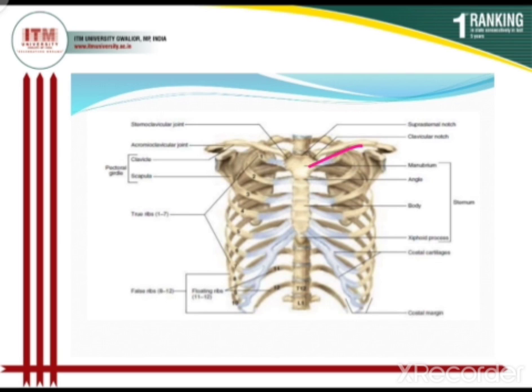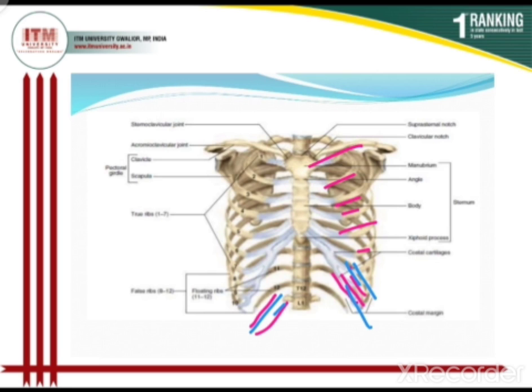The first 7 ribs are true ribs. Okay, and 2 pairs of floating ribs. These are the false ribs, which I show in blue. The 2 pairs of floating ribs, and 7 true ribs.